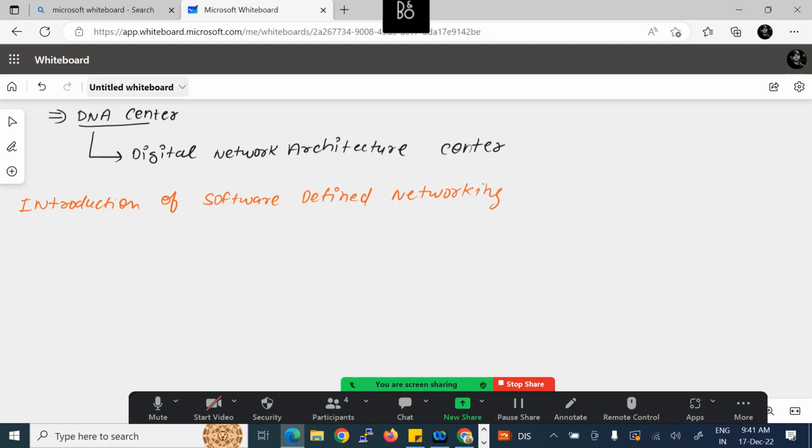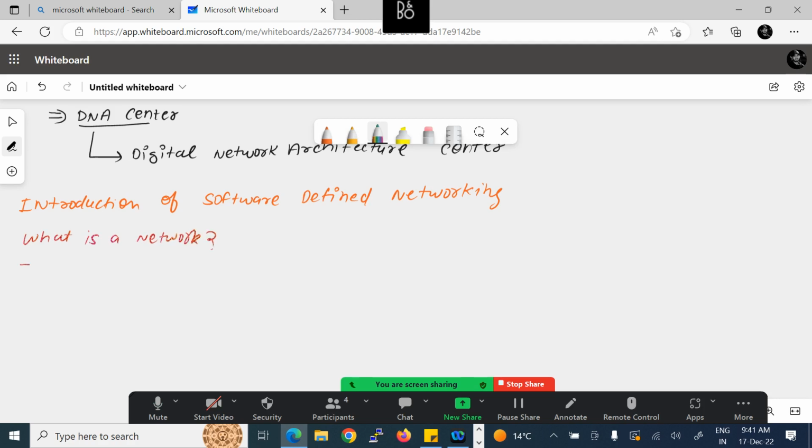All right. So all of you know what a network is. If I start from the very basic concept, we know what a network is, right? A network is a group of devices connected with each other using some sort of medium.